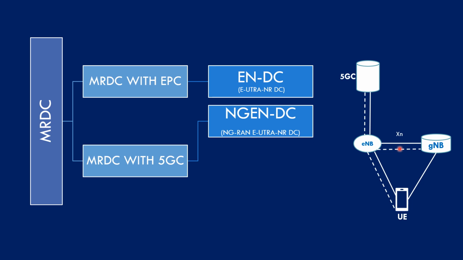Remember, the node which acts as master node, that node name will come first. Here E node B is the master node because control plane connectivity towards core is via E node B. That is why the first name in this kind of multi-radio dual connectivity nomenclature will be of E node B. So for our case it is NGE, which is NGRAN EUTRA, and N for NR dual connectivity.